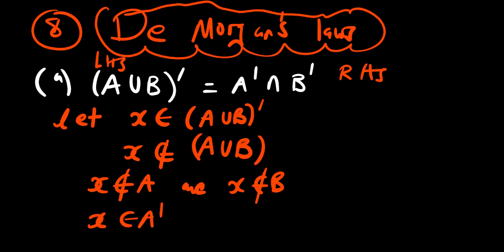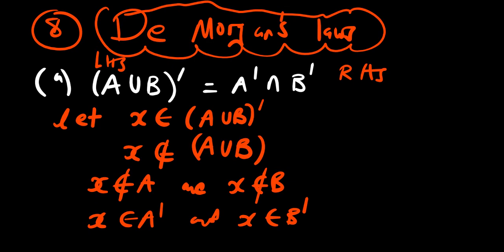And X will be a member of B complement, right? So if X is not in A and B, X must be the complement of both. So I am saying X is a member of A complement and X is a member of B complement.